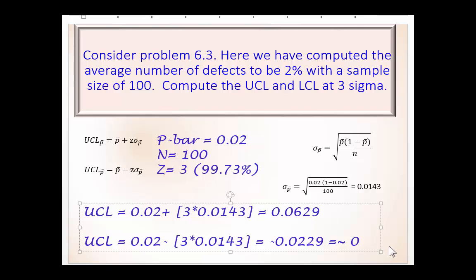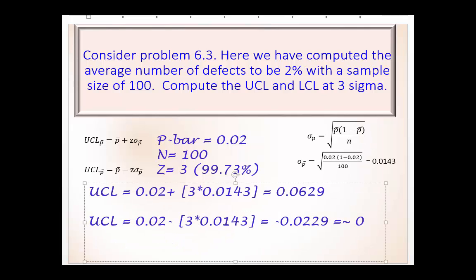So now let's translate this over to words. What does this actually mean? It means that when we have a sample that on average has 2% errors, we can expect errors to range between 0 and 6.3%, 99.73% of the time.